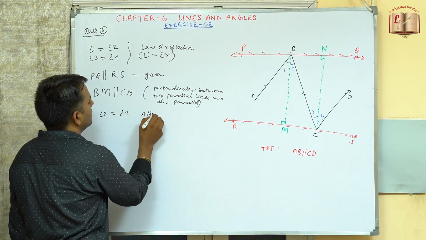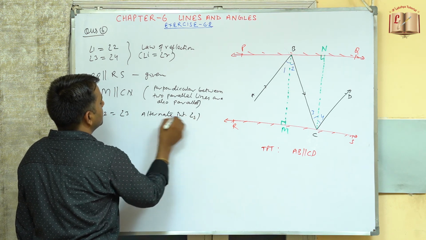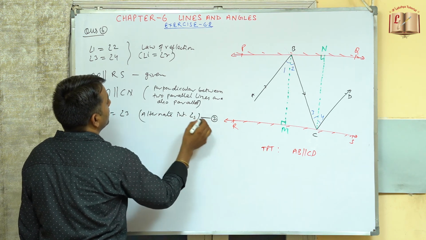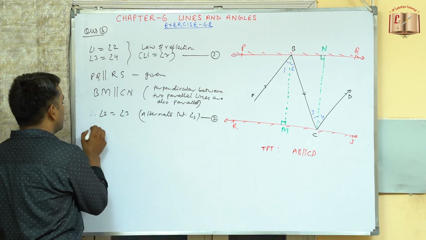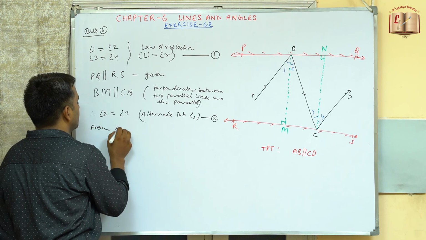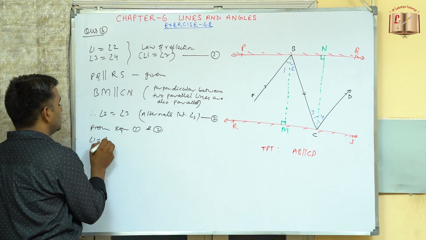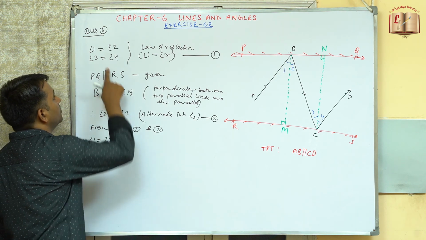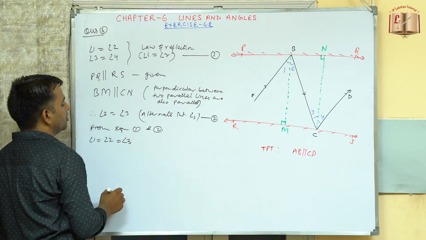This is now alternate interior angles. So take this as equation number 2, and from here this is equation number 1. Now from equations 1 and 2, we got angle 1 is equal to angle 2 and angle 2 is equal to angle 3. So I can write angle 2 equals angle 3.